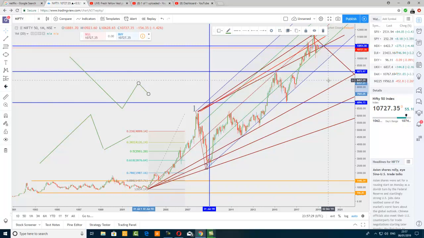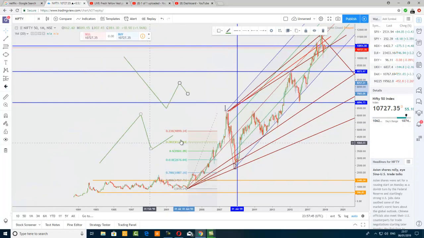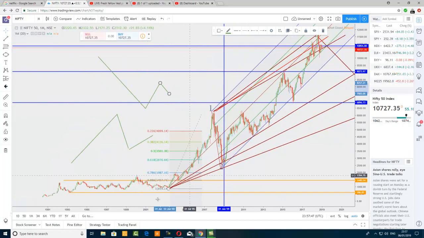If you understand Elliott wave, we apply Fibonacci retracement from the beginning of the first wave to the top of the first wave, and also from the beginning of the third wave to the end of the third wave. We also apply it from the beginning of the fifth wave to the end of the fifth wave. But we also apply Fibonacci retracement from the beginning of the first wave to the top of the fifth wave, which means we are highlighting the whole motive wave, the whole trending phase.